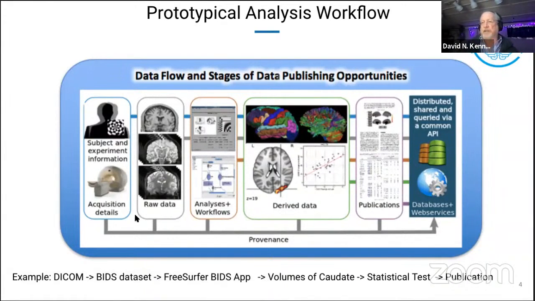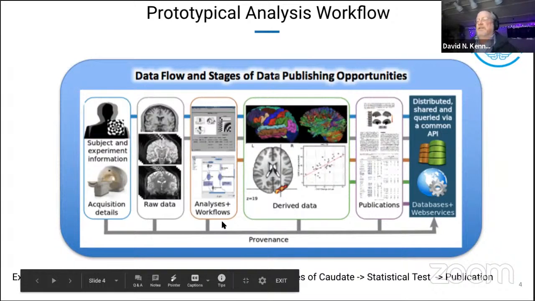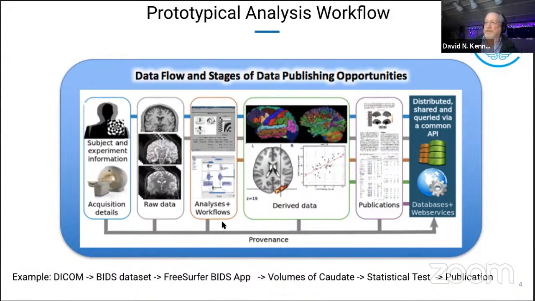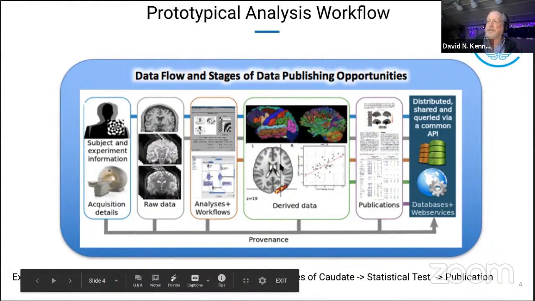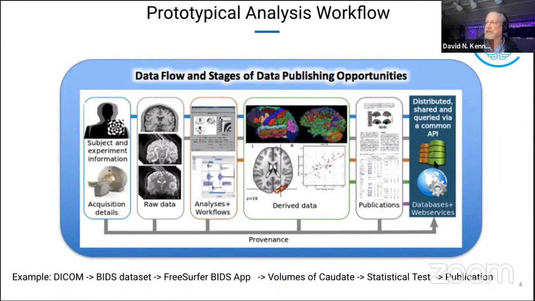Generate a bunch of data, imaging data, behavioral data, apply analyses and workflows in order to generate some derived data and some statistical results, and we go off and publish those. And some of that data and all of that literature become distributed in PubMed and other sort of queryable places. So each of these stages have different implications about how we currently do those and how those really can evolve, to trying to do a better job of improving our infrastructure for doing reproducible neuroimaging neuroscience.